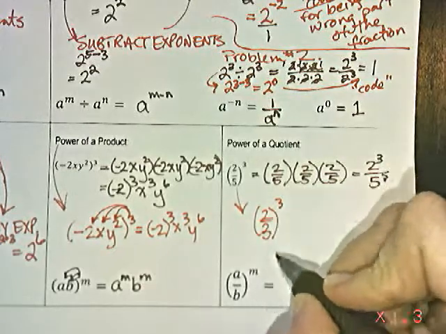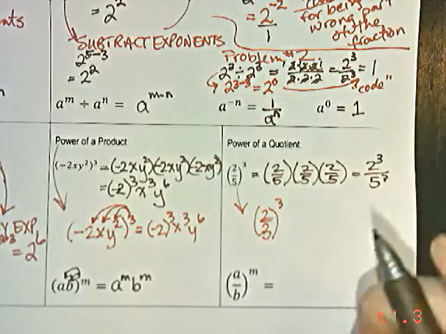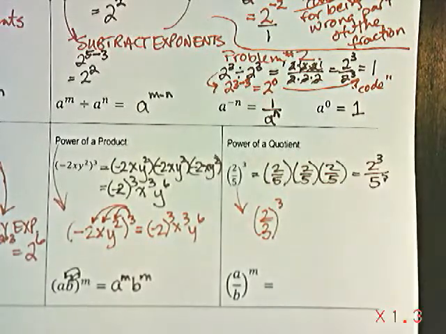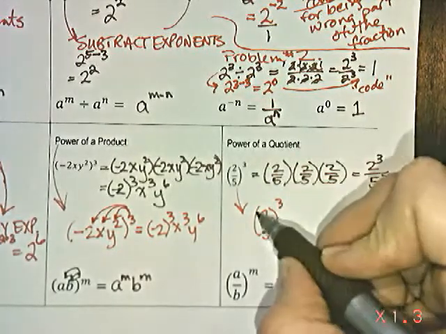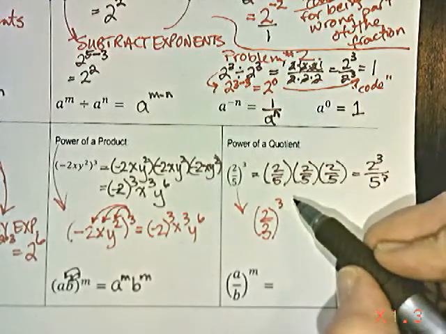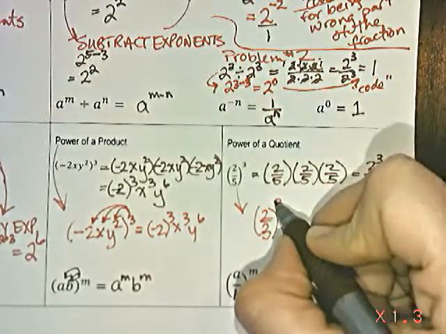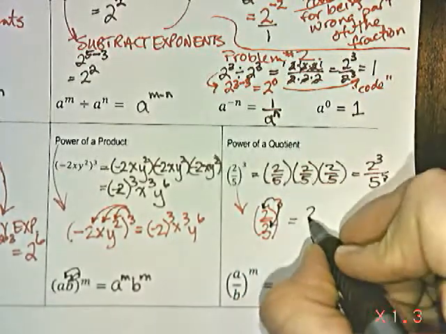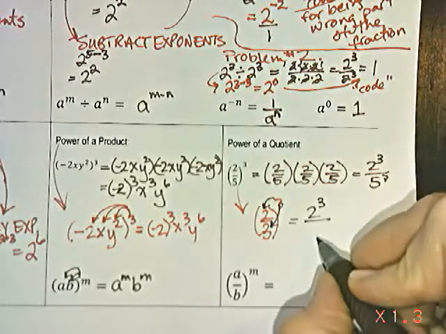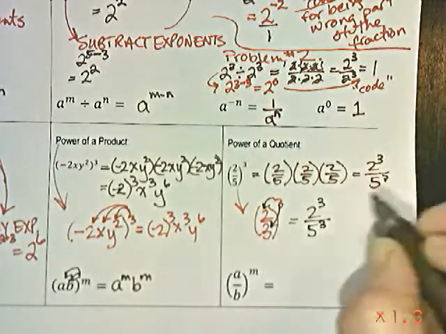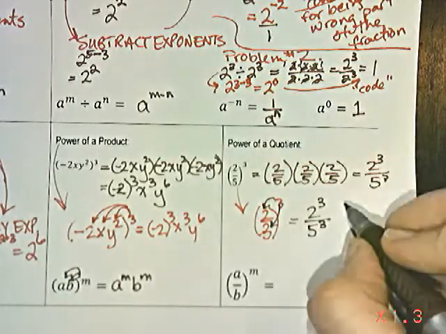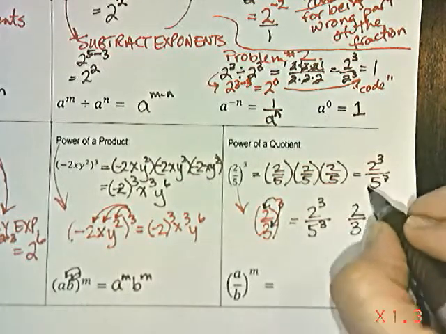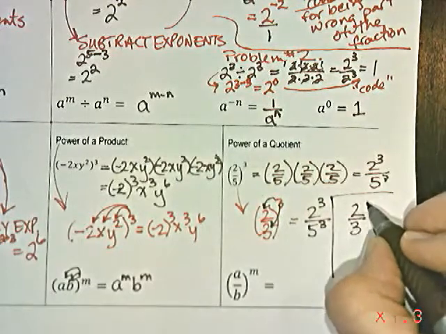And this is why it's so important to put brackets on your fractions, because without those brackets, my exponent 3 would only be affecting the 2 in the numerator. But with the brackets, my exponent 3 is actually affecting the entire fraction. So I have the 3 on my 2 and the 3 on my 5, and I distribute that exponent into both parts of the fraction. So be very, very careful with your exponent brackets.